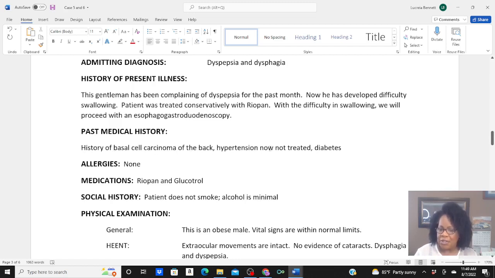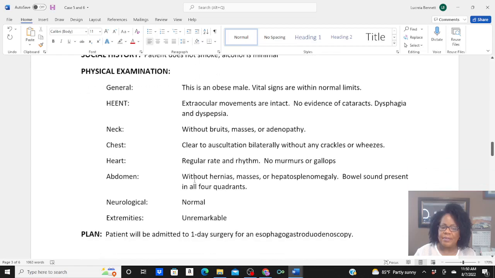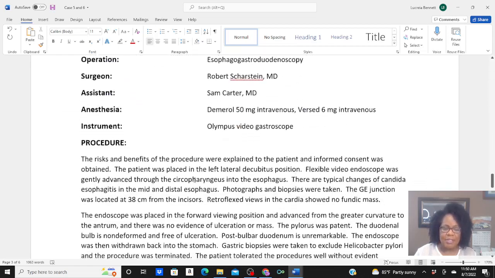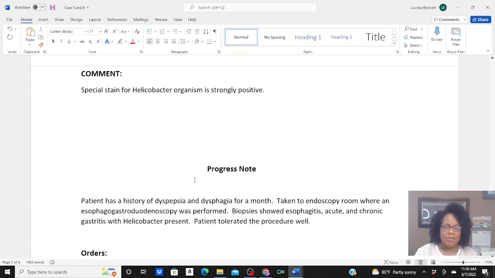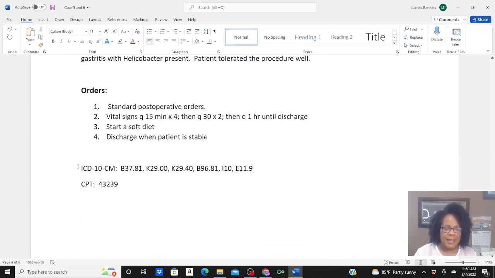But it says hypertension now, and then diabetes. And here they're taking medication. So because of that, that's why I added them into my final coding. So in this case, your final coding, ICD-10-CM and CPT, are the candidal esophagitis, acute gastritis.